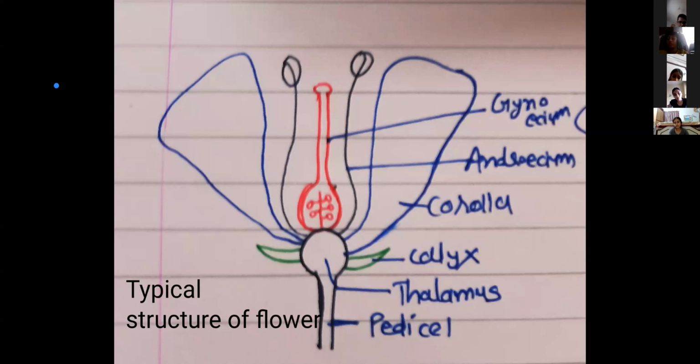Sexual reproduction is the correct answer. In asexual reproduction, you have learned fragmentation and fission. Then next, gamete formation. Gametes are required for sexual reproduction. Whenever gametes are involved, that type of reproduction we call sexual reproduction.